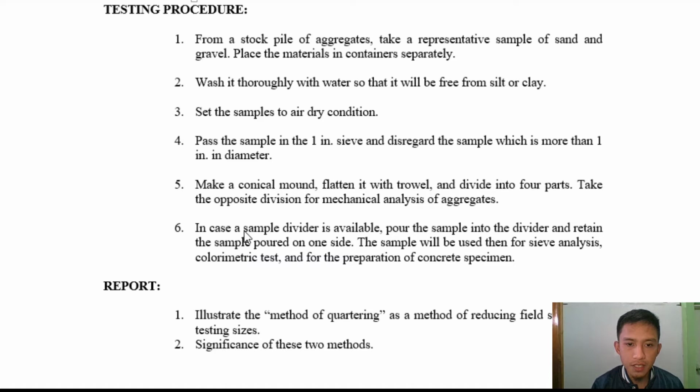As I've said, I did not do this with the sample divider, but the purpose is the same, to reduce from a large amount to a sample testing size. So the 2 methods referred to in this report number 2 are the manual, which is the quartering, and the sample splitter or divider.